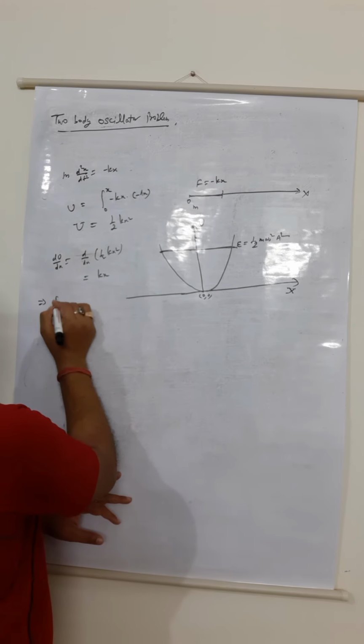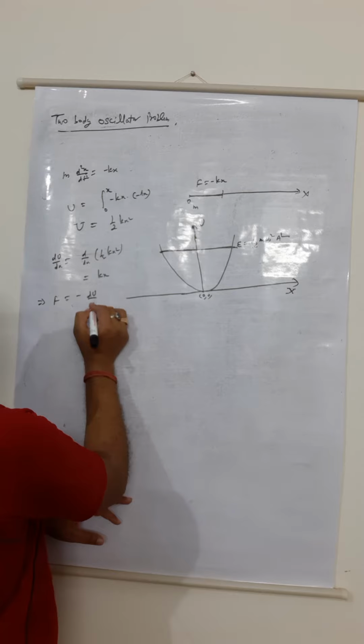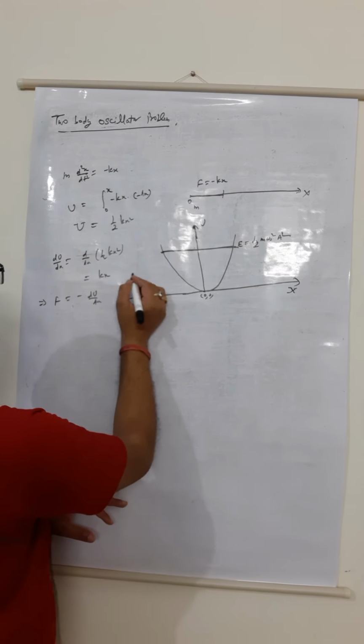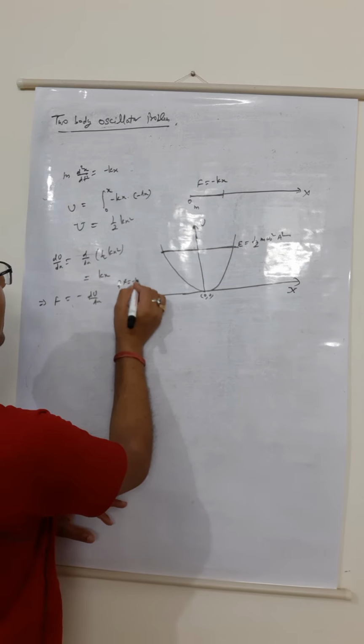That means F is equal to minus du by dx, because F is equal to minus kx.